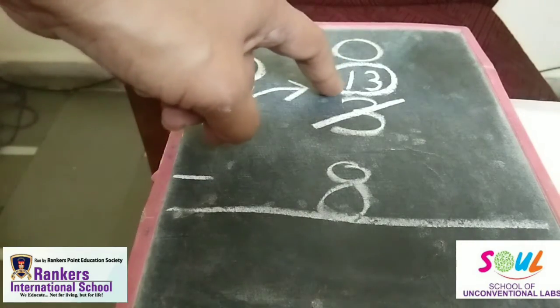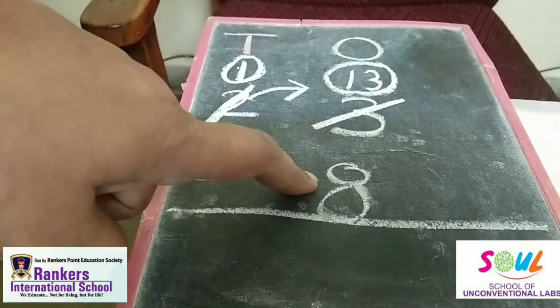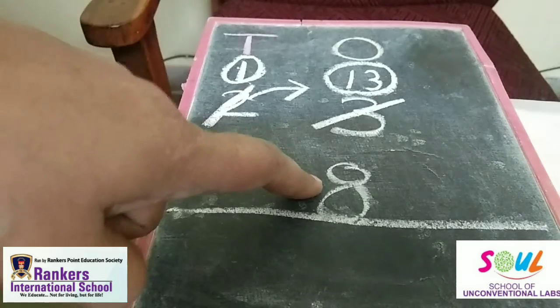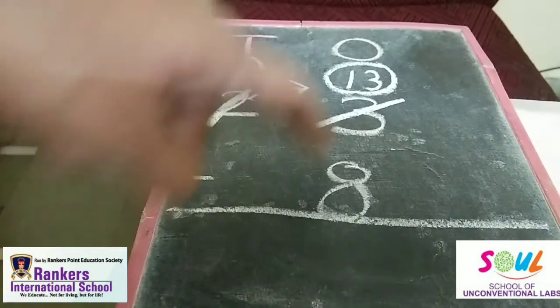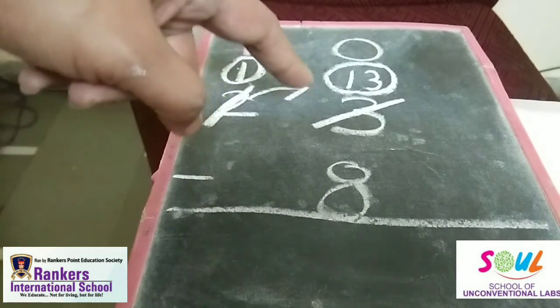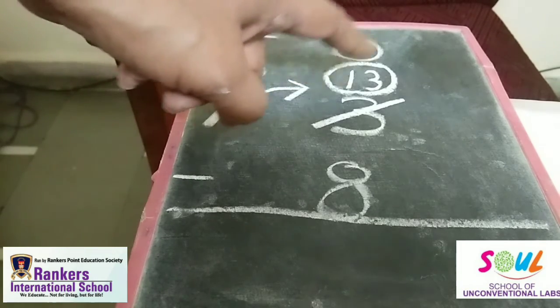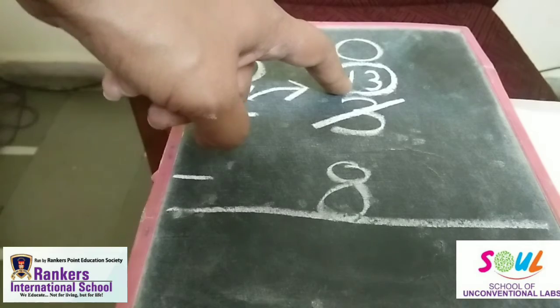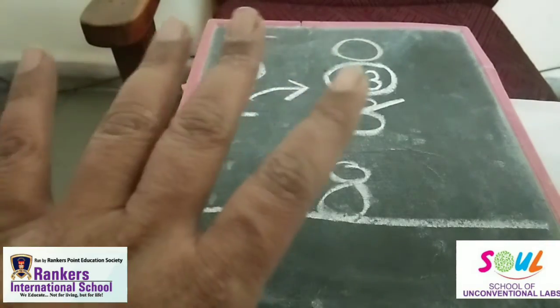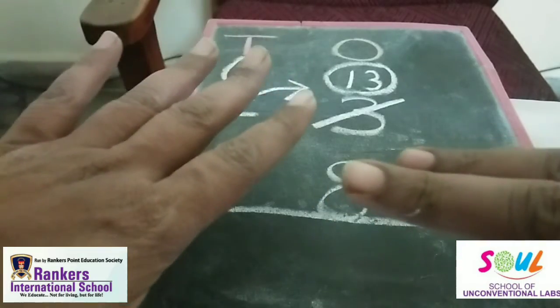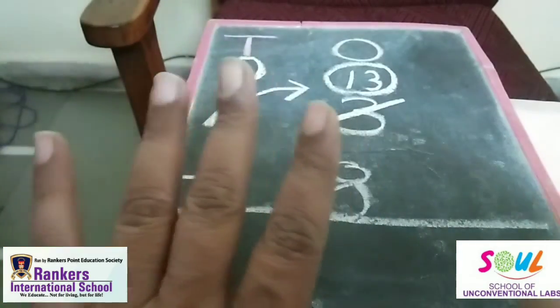Now 13 minus 8. Now 13 is bigger than 8, so we can subtract them. We can subtract 8 from 13. So what will we do? We will keep this bigger number in our mind and we will take out 8 fingers. Okay, how many fingers? 8 fingers.